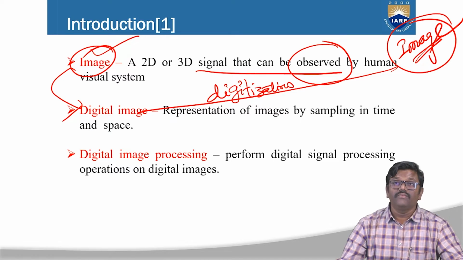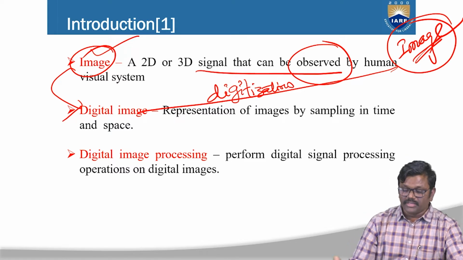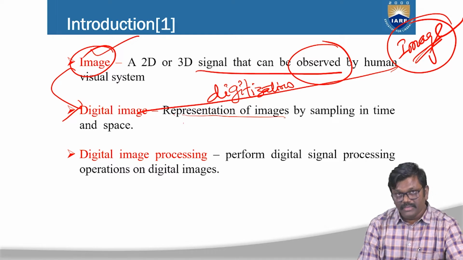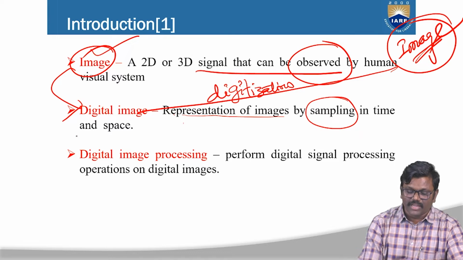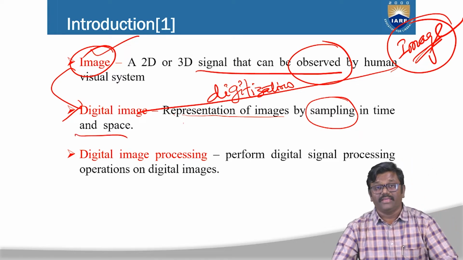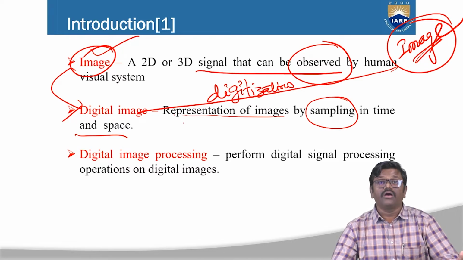So how can we convert that? How can we do that? We can do that through representation of images by sampling in terms of time and space. Once again, I am repeating: how can I digitize a particular image, maybe a 2D or 3D image?